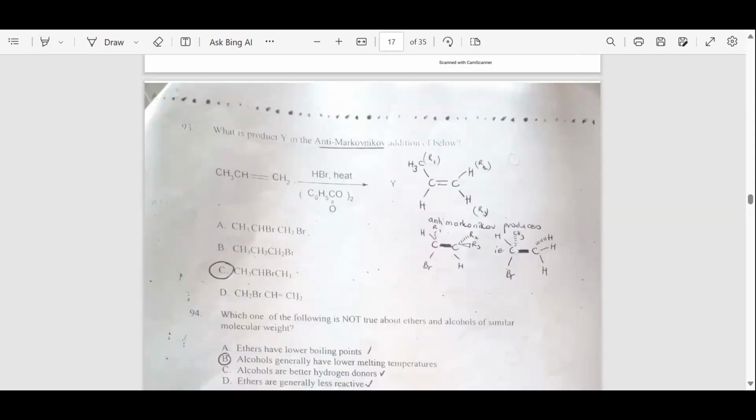So we continue to suffer in organic chemistry. Number 93. What is product Y in the anti-Markovnikov addition of below?